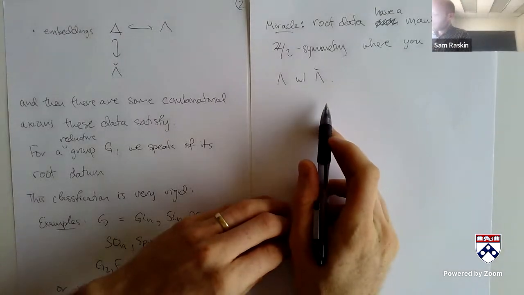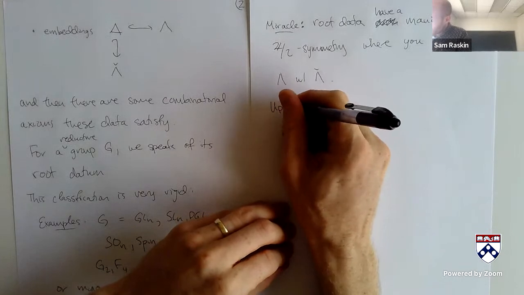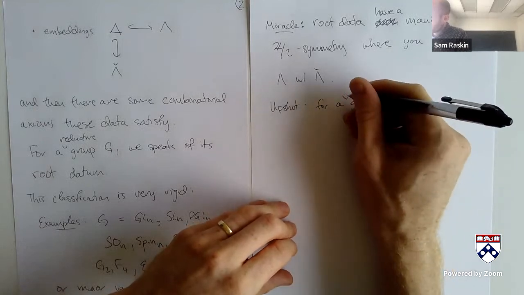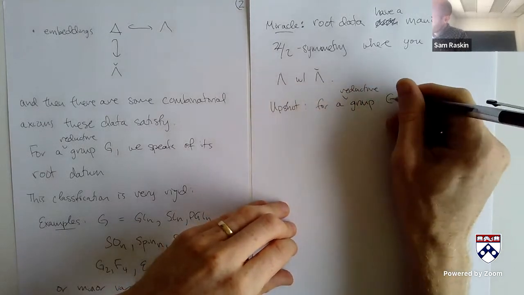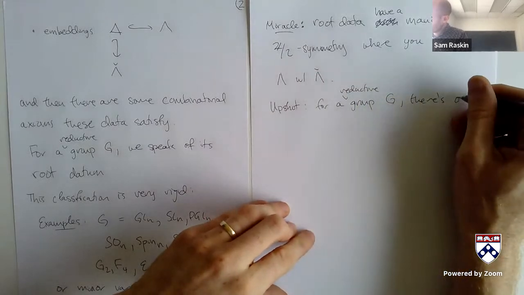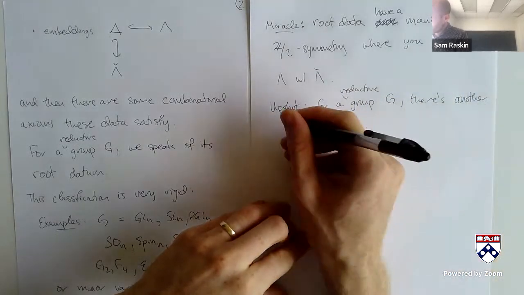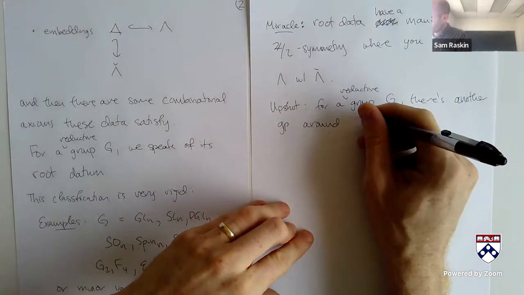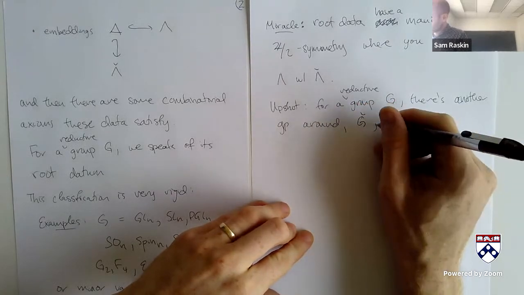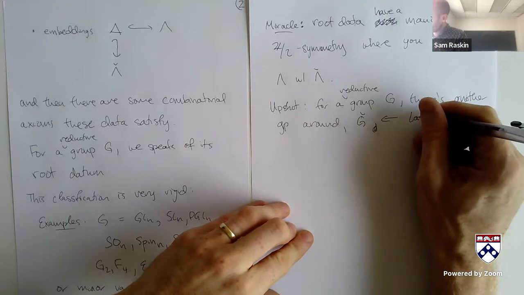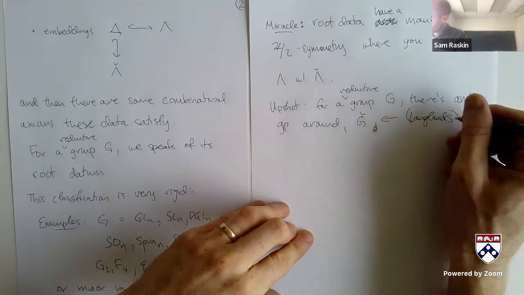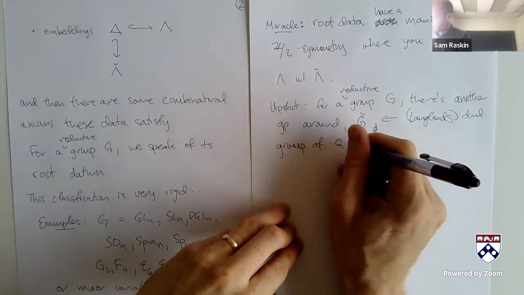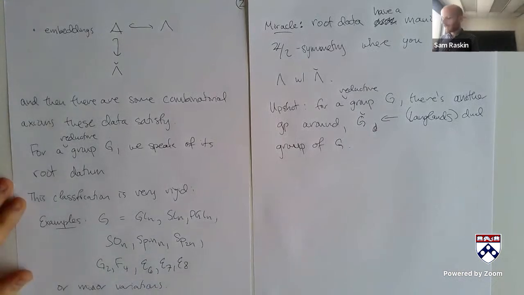And so the upshot is that for a reductive group G, there's some other group around which is called G check, the dual group or the Langlands dual group. Take the dual of G check, you get back G.